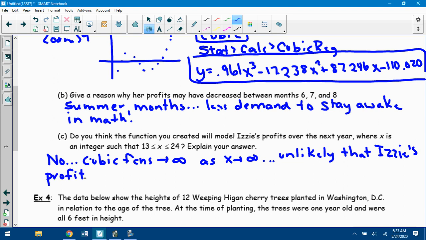Again, she would hope it would, but it's unlikely. It'd probably be more periodic, we'd call it, because it repeats at regular intervals.